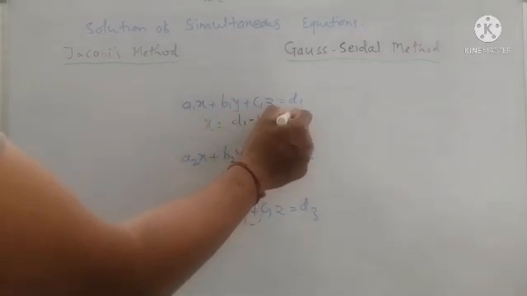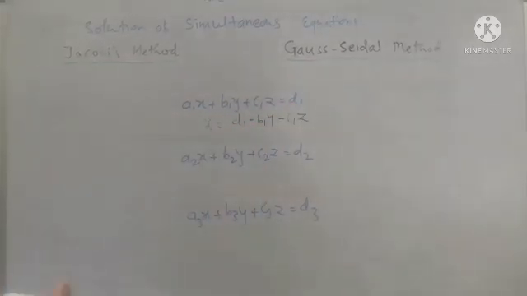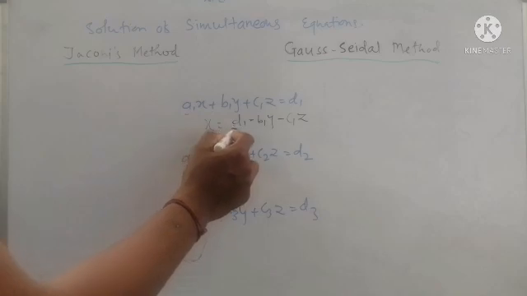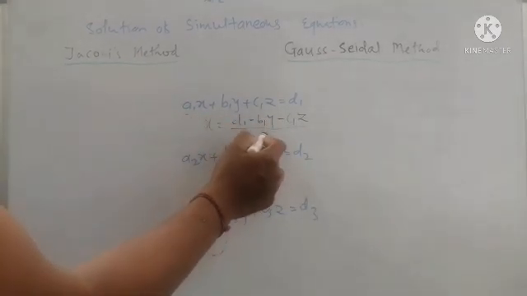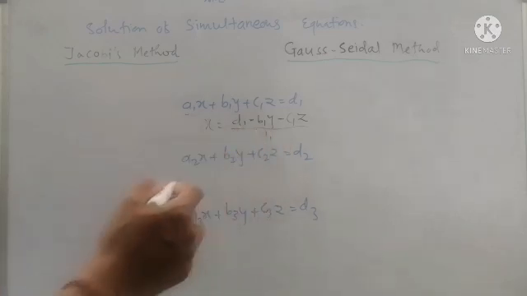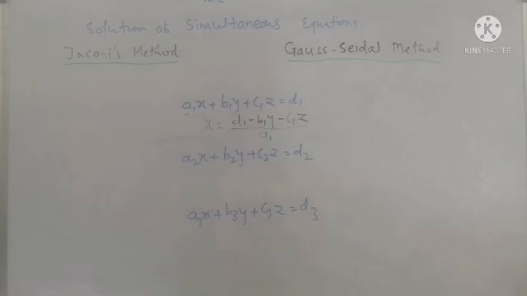Similarly, the term of z on the right hand side gives minus c1z, and the coefficient of x, a1, is taken in the denominator, as it is in multiplication with x. So we get the value of x as d1 minus b1y minus c1z divided by a1.